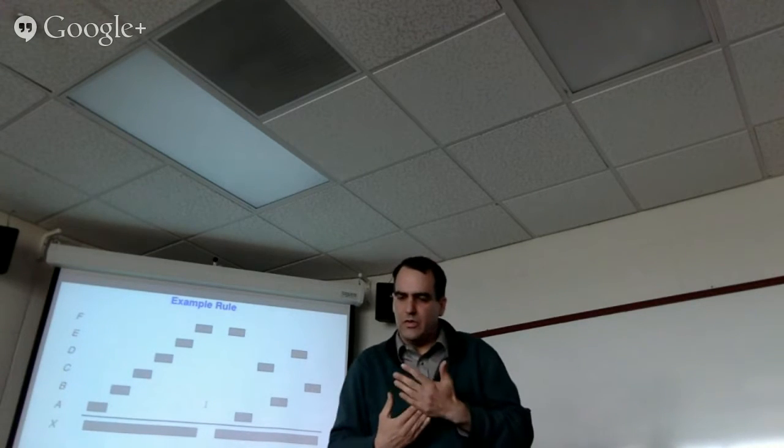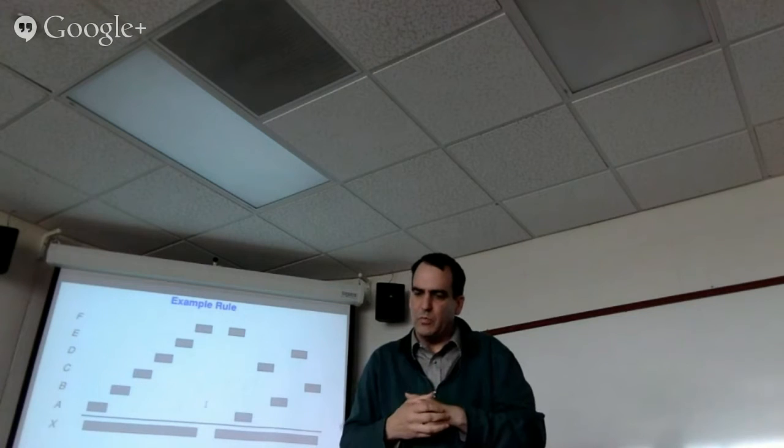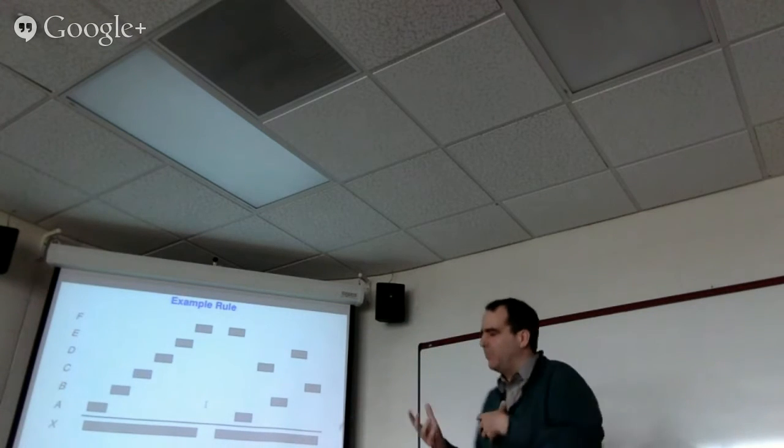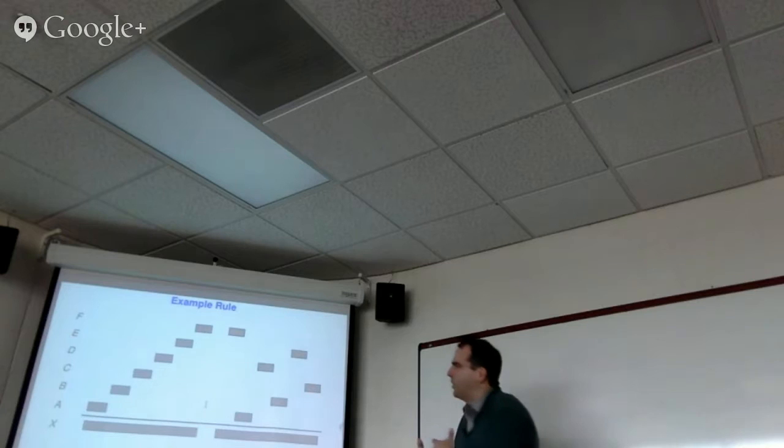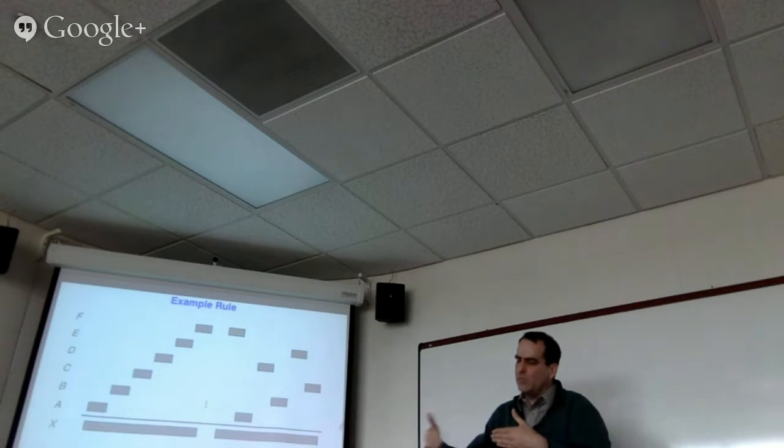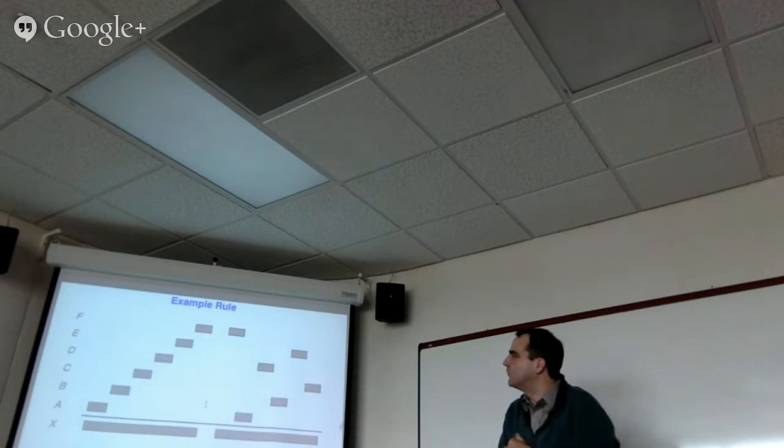Okay, so we want to find the better parsing strategy, and the parsing strategy is some order in which you add the non-terminals. So it's some permutation of the non-terminals. That's what we're looking for. Okay.